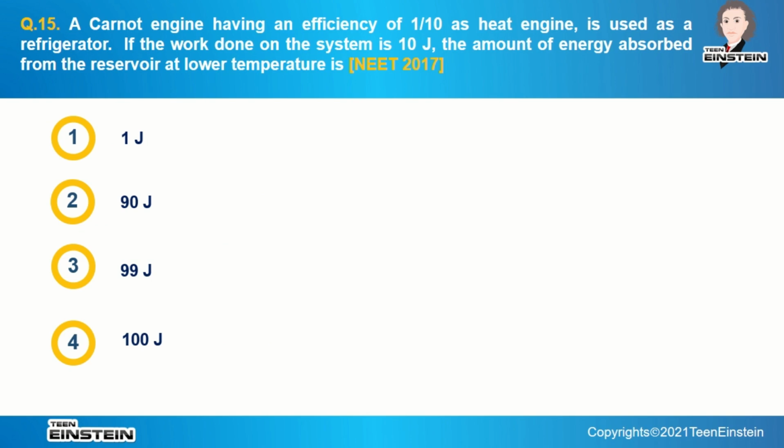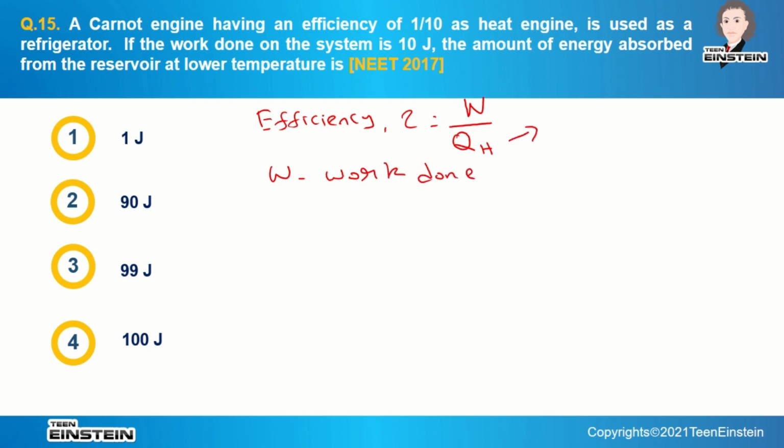Here the efficiency of the Carnot engine is given by W by QH, where W is the work done and QH is the amount of heat added to the system.